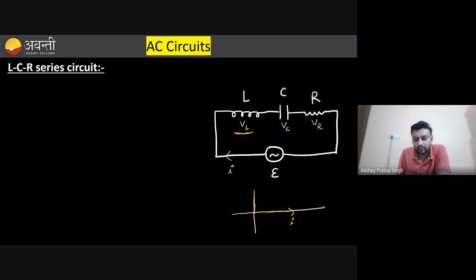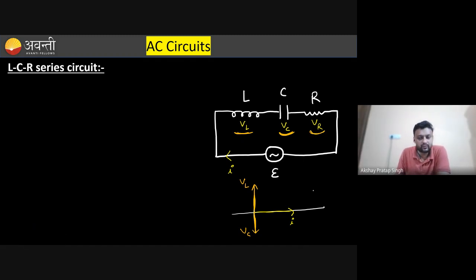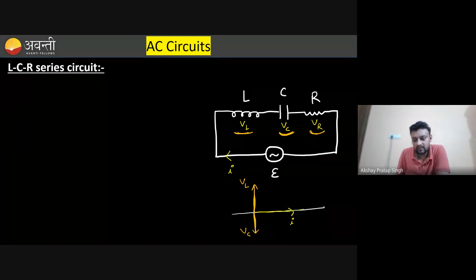So this is going to be potential across the inductor, VL. Potential across capacitor lags the current. I hope you remember this thing, na? This is the potential across capacitor which lags the current by 90 degree. This is VC. And this is potential across resistor. It will be in the same phase with the current. This is VR.